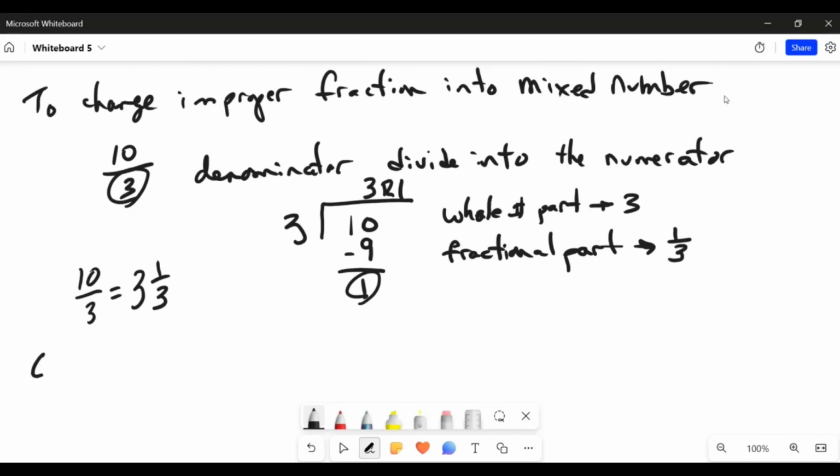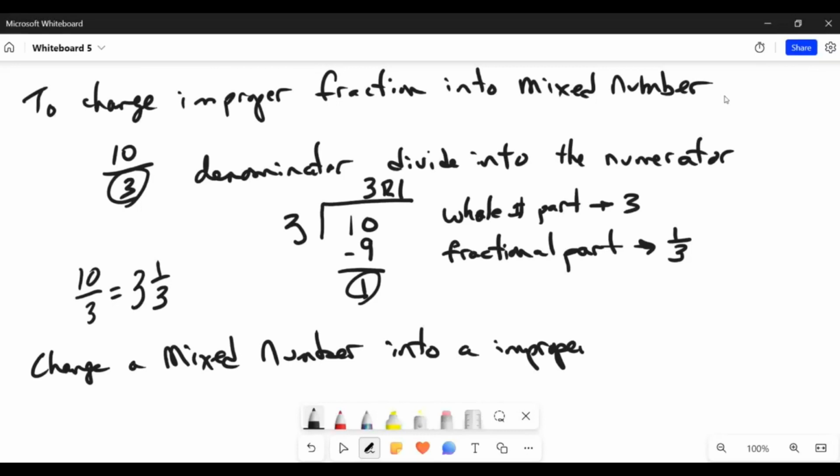Now, if we're going to change a mixed number into an improper fraction, then we do what Math with Mr. J showed you how to do.